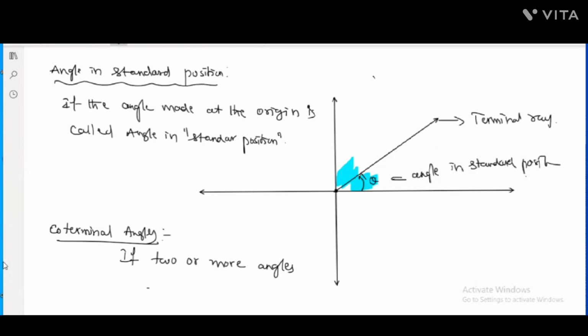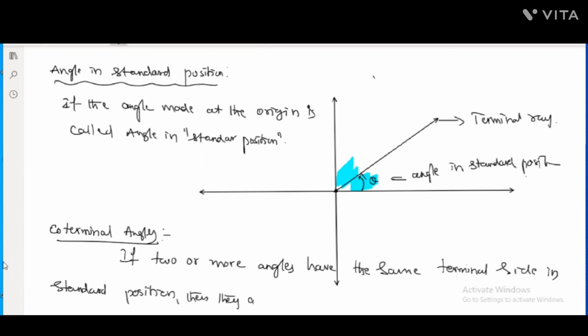If two or more angles have the same terminal side in standard position, this is important, in standard position, then they are called coterminal angles.